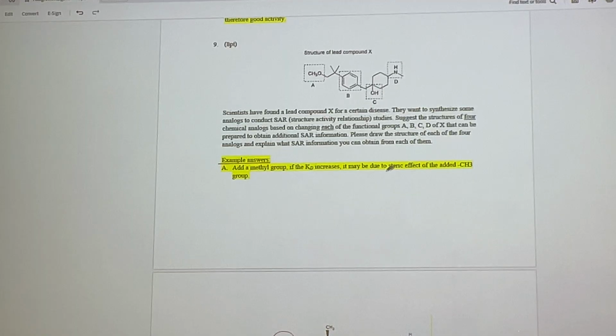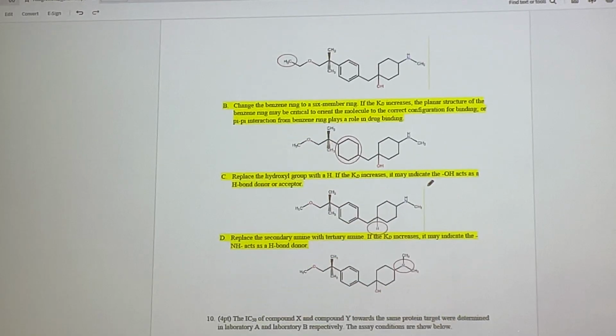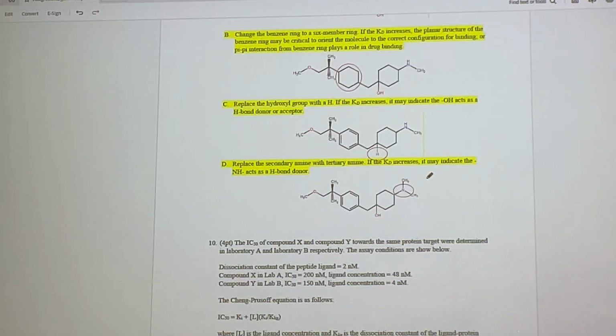That may be due to the steric effects of the added methyl group, which affects the binding to the receptor. So your structure should match your reasoning or rationale for how the KD changes. As long as they match each other and you bring up a reasonable structure-activity relationship, you should be able to get the points. You can look at my example here and see how I rationalized it.